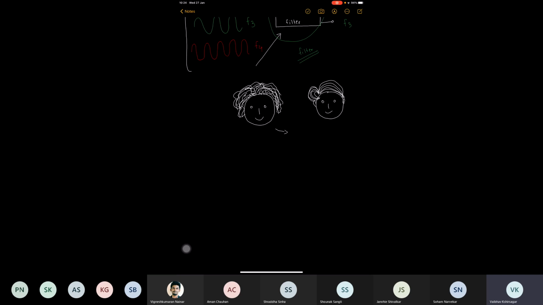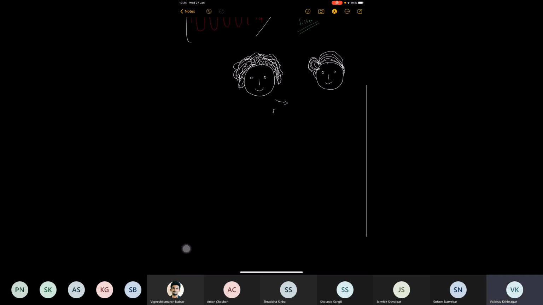This is the first image, and this is the second image. What do you see as the difference between these two face images of the person? I want to know what the difference is between these two images. You can compare these two faces and tell what difference you notice here.